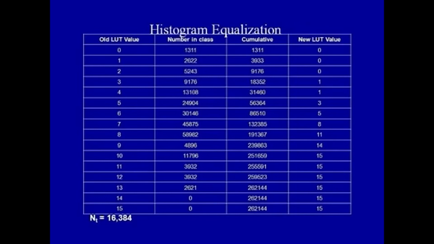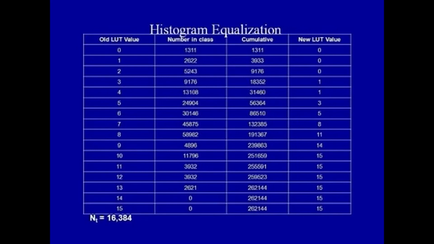With this value, we start to compare beyond brightness level 3, because that is the point where we found that it has exceeded 1 NT. At brightness level 4, the cumulative frequency is 31,460, which is less than twice the NT value. So, this level would be assigned a new brightness value of 1.